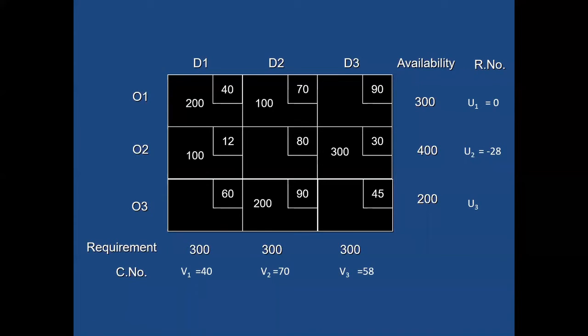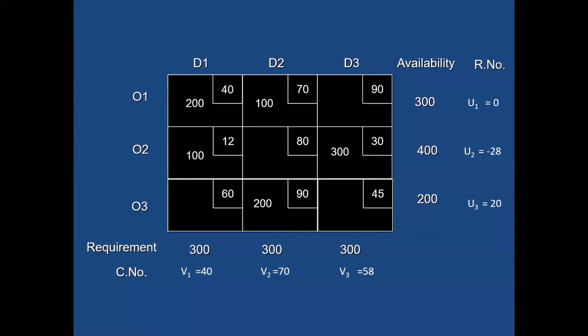Okay. So V3 will be 58. Minus 28 plus 58 gives me 30. Clear? And finally, only one variable is left, U3. We have V2 already assigned as 70 here. So my value for U3 will be 20.